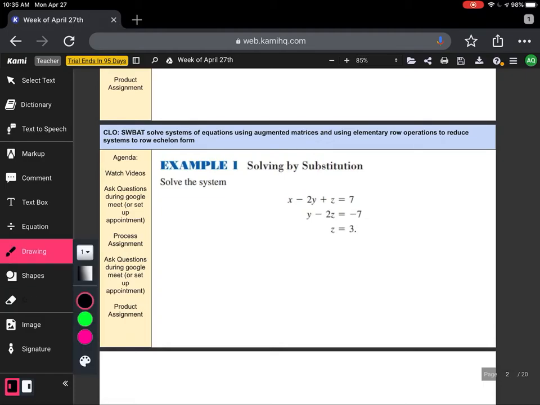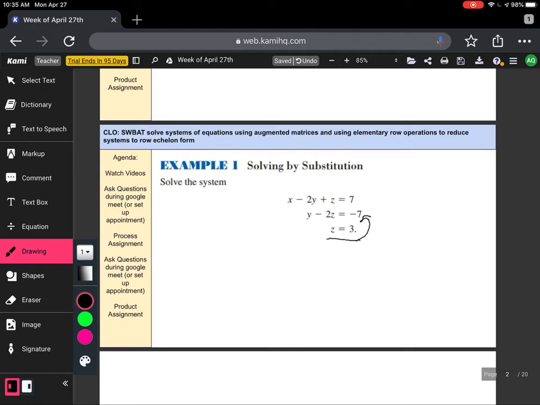What's super nice is that they've already solved for one of them for us. z equals 3. So we can simply start by back substituting z into the only other equation that has a z and only one other variable. We could try and put it into equation 1, but we'd still be left with two variables.